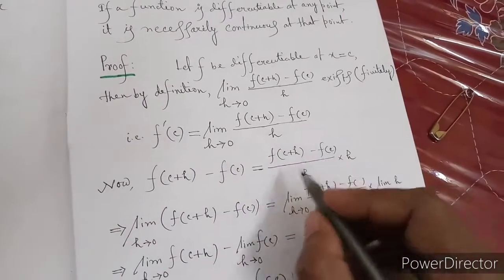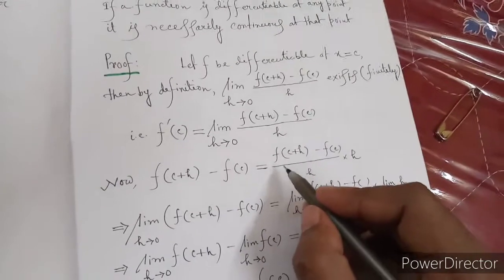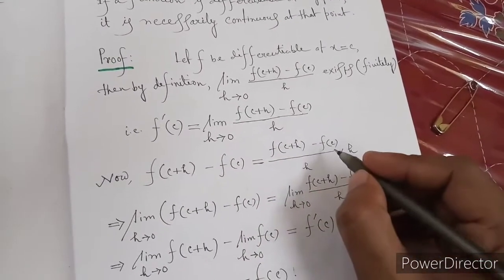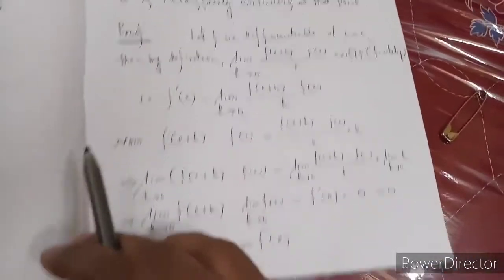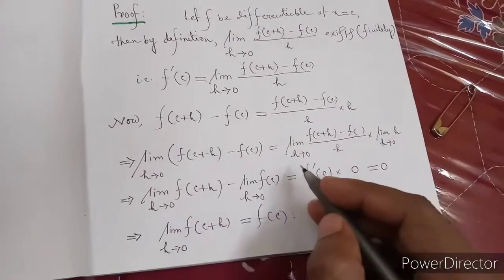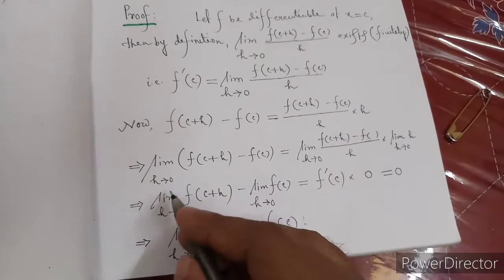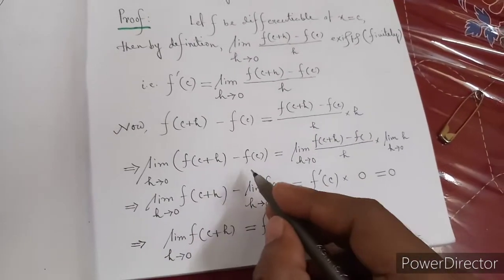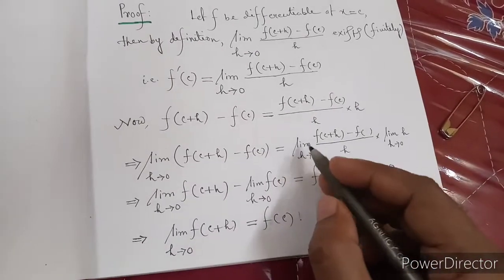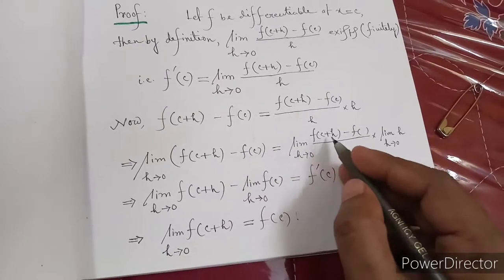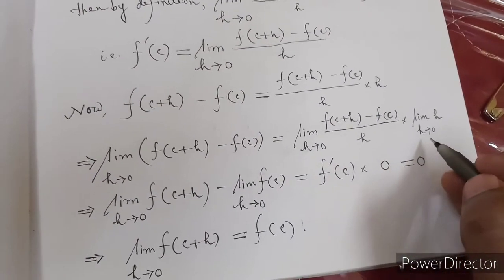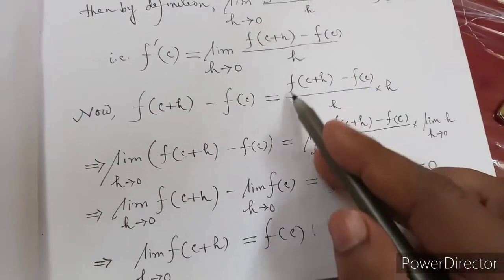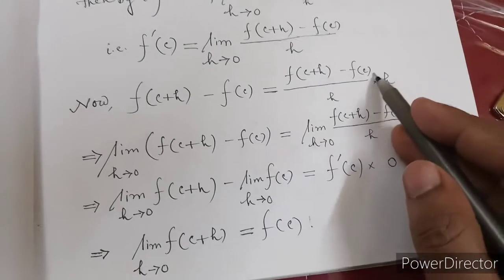So now there is an adjustment. That means f of c plus h minus f of c equals (f of c plus h minus f of c) by h, into h. Now taking the limit as h tends to 0 on both sides. So the limit as h tends to 0 of f of c plus h minus f of c equals the limit as h tends to 0 of (f of c plus h minus f of c) by h, into the limit as h tends to 0 of h. That means limit of this part into limit of that part.